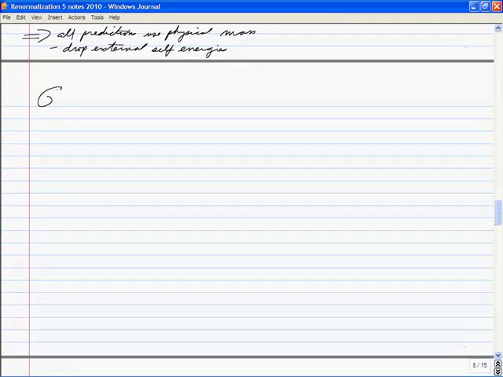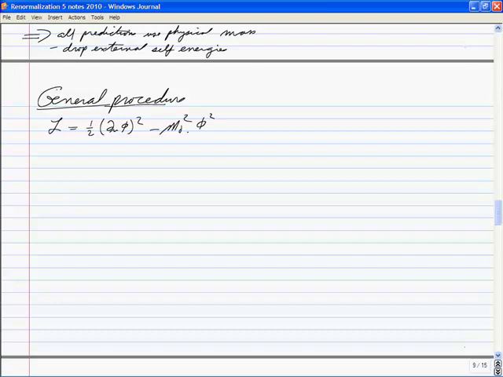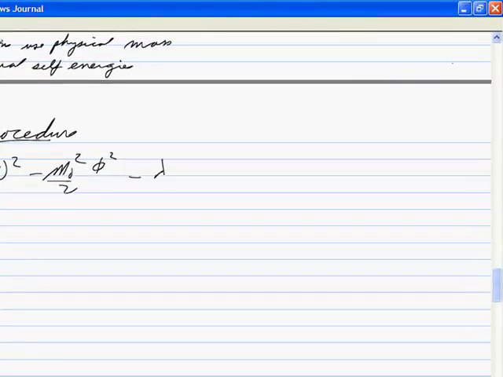Okay, so the general case. It's a little bit more complicated, but the logic is the same. We start with a Lagrangian that has 1/2 (d mu phi) squared minus m0 squared phi squared over 2. Now I'm going to do coupling constant renormalization here too, so there's lambda over 4 phi to the fourth.